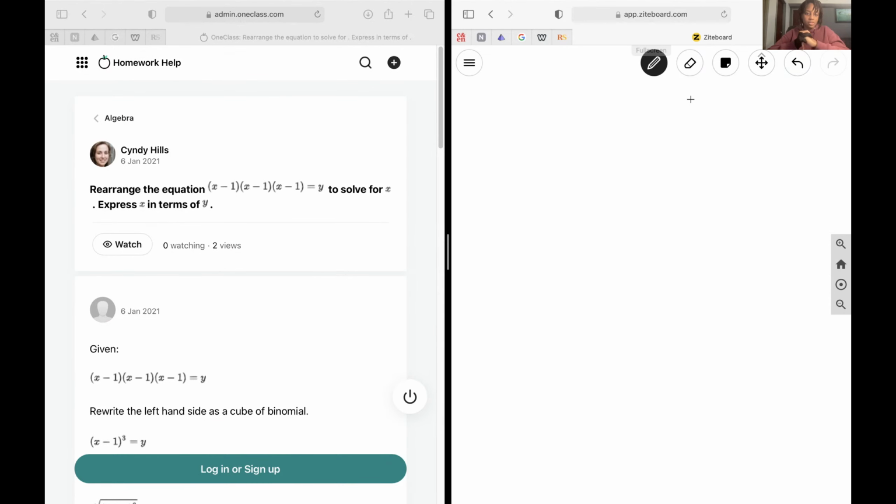Okay, next up, I would like to rearrange this expression to solve for x and express x in terms of y. So I have x minus 1, x minus 1, x minus 1 is equal to y.